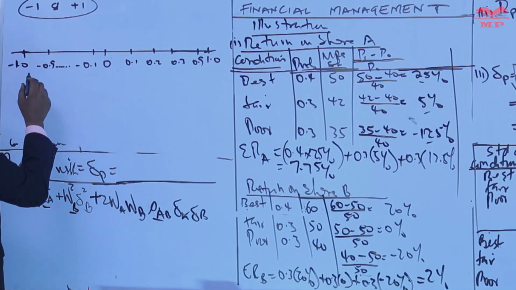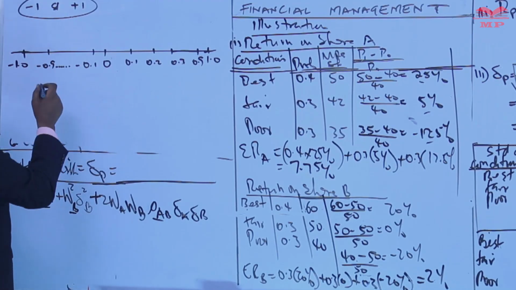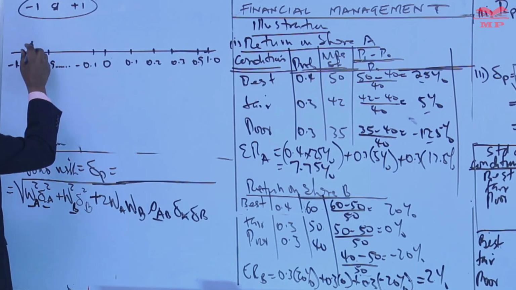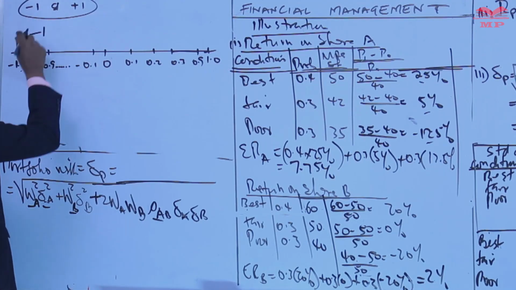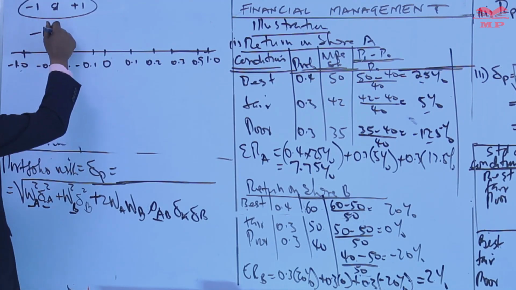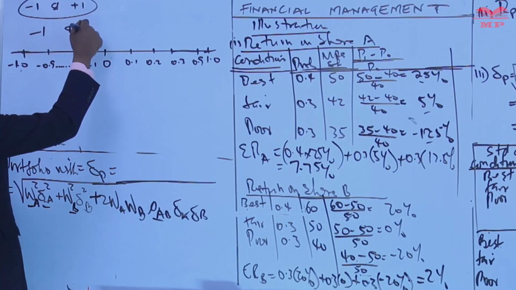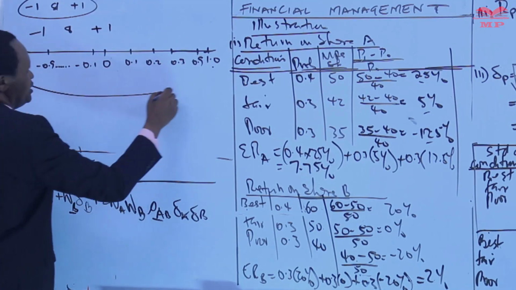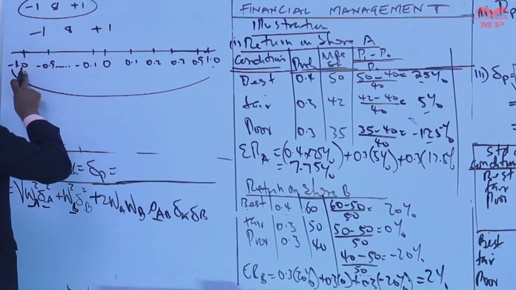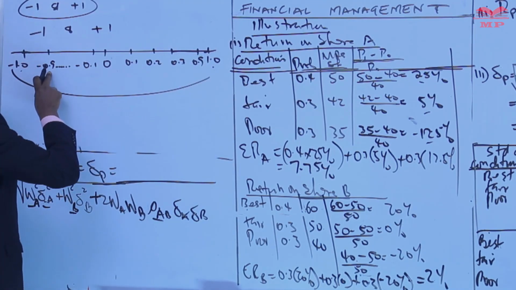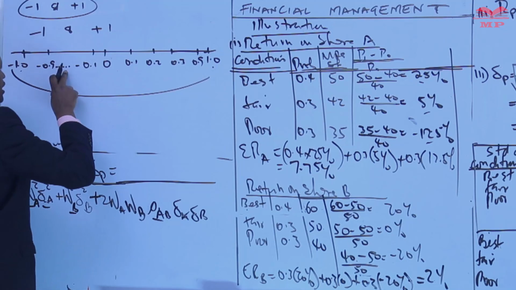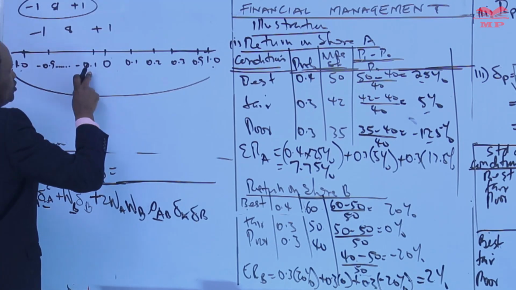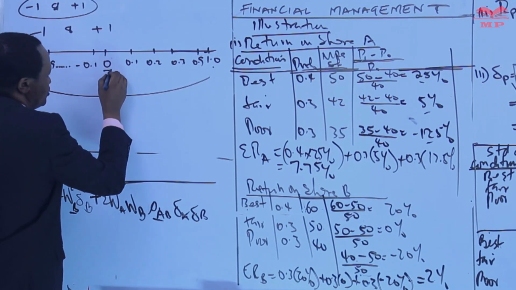So then the measure lies between -1 and +1. So the measure can be -1, it could be -0.9, it could be -0.8, it could be -0.1, it can be 0.